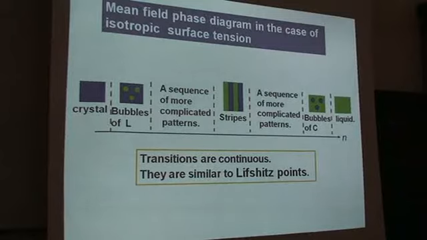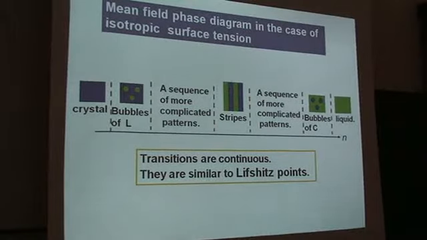For the dipolar case, the first step is quite simple. I know the area of the minority phase, so I have to compare different distributions of this minority phase. There are two possibilities. One is I can have stripes of two different phases.